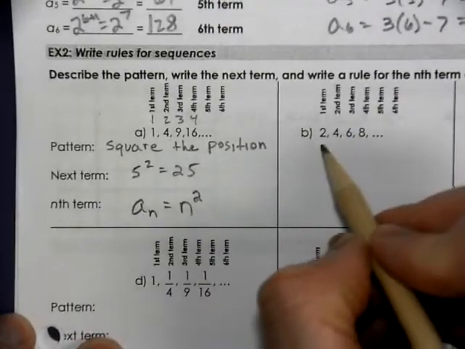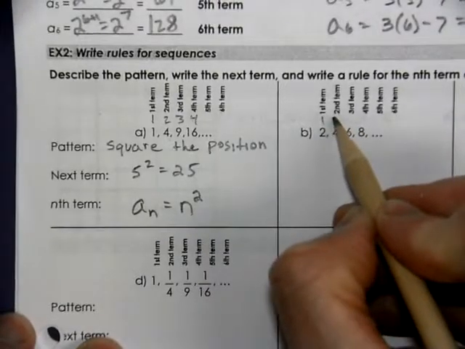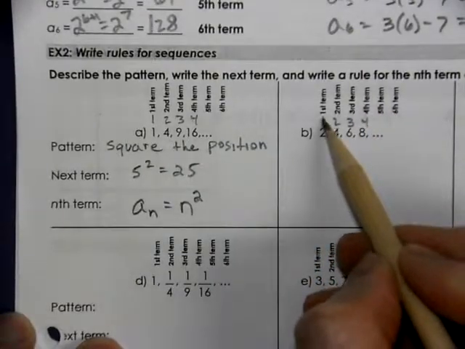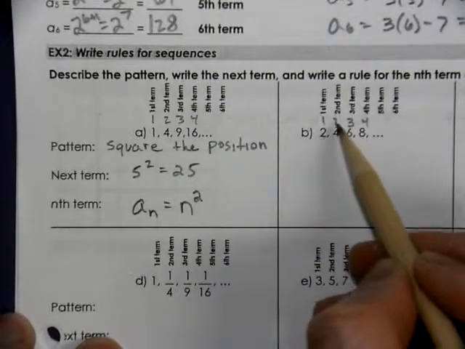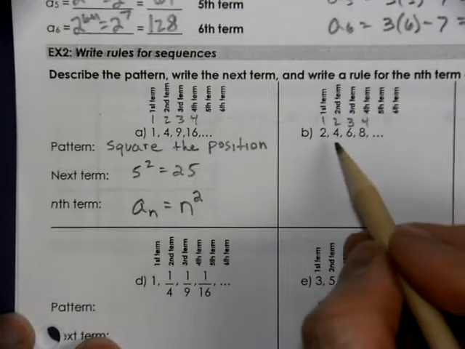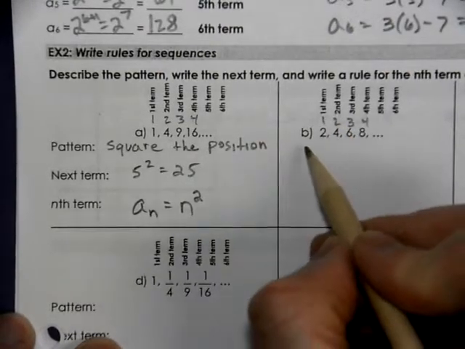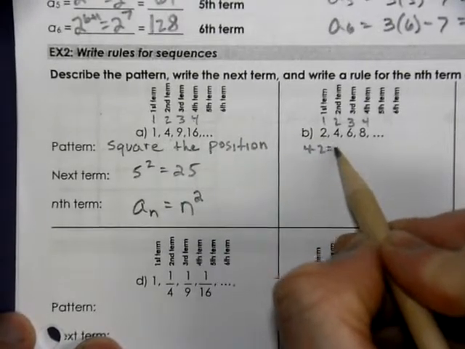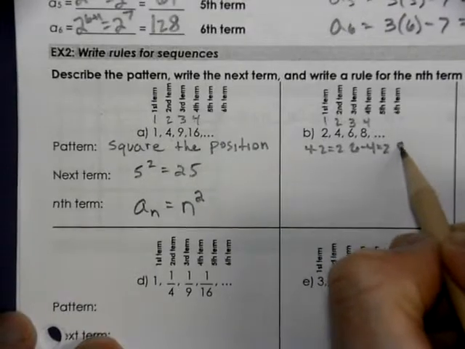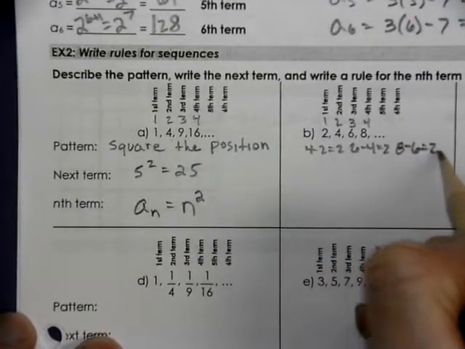In this case, 2 times 1 gives us 2. 2 times 2 gives us 4. We can also recognize that this is 4 minus 2. This is 6 minus 4. This is 8 minus 6.